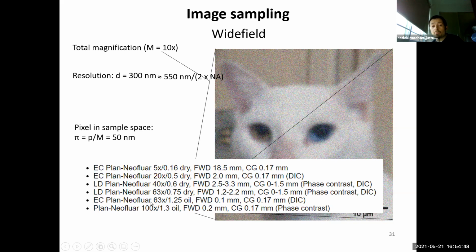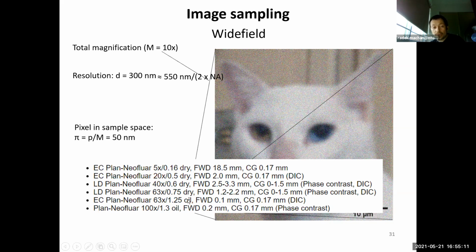Of course, if I have two objectives with the same magnification, but different numerical aperture, as is the case here, we have 63 times objectives, then of course one would be either undersampled or the other is oversampled. I can't avoid this.